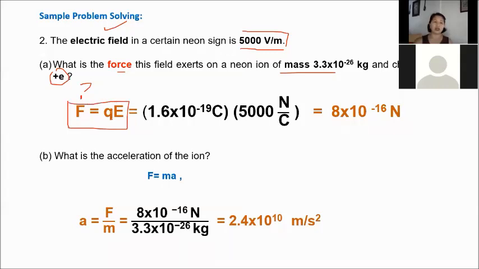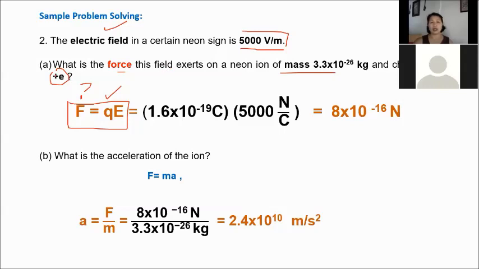Okay. So, next, since the electric field is given, what is the value of q? In last meeting's discussion, I gave the constants of a single proton and single electron, the charge of the proton and electron, as well as the mass of proton and electron.